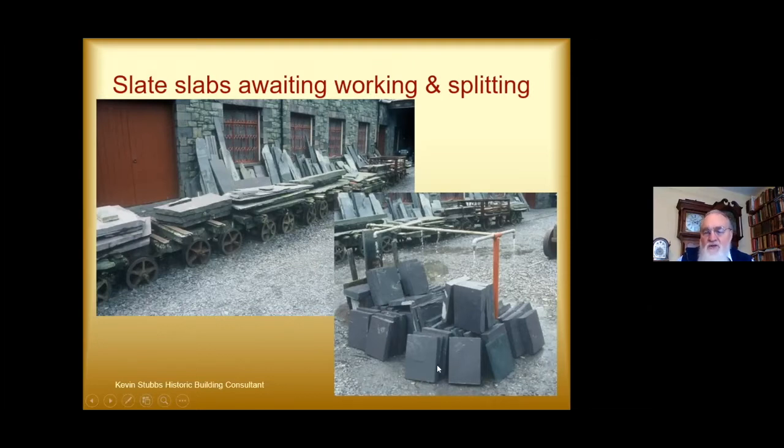The 19th century is the period of the tally slate, where there were specific sizes for the slates. The slates need to still have what's known as their quarry sap in them. The slate still needs to be moist in order to be able to split it successfully.